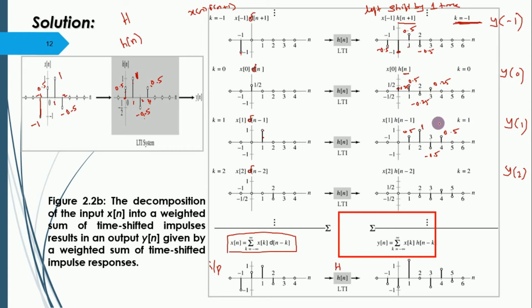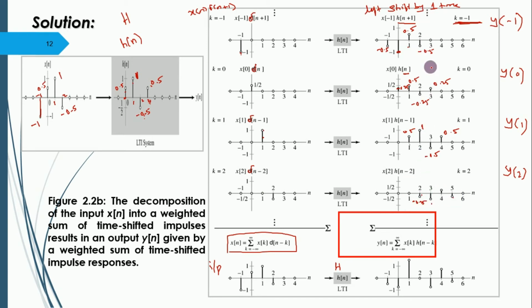Similarly, for x of 2, I am having minus 0.5. Multiply minus 0.5 everywhere. Minus 0.5 into 0.5 is minus 0.25, shifted by 2 times. Similarly, minus 0.5 into 1 is minus 0.5, shifted by 2 times and written here.